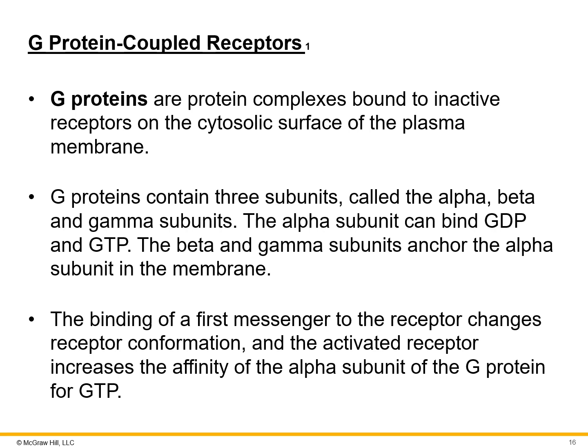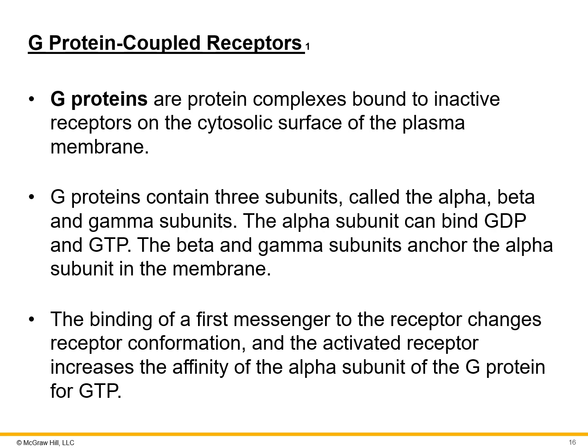So G proteins are protein complexes that are bound to inactive receptors on the cytosolic surface of the plasma membrane. Okay, so how's that different than what we've talked about before? Cytosolic surface of the plasma membrane means on the inside surface.